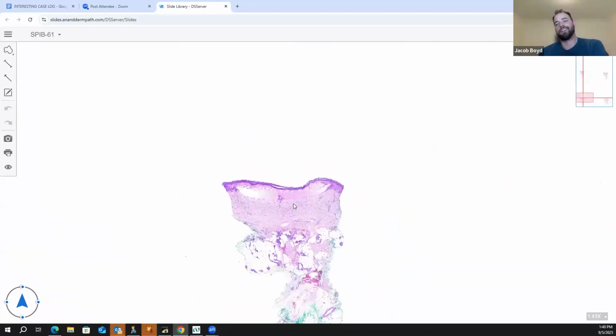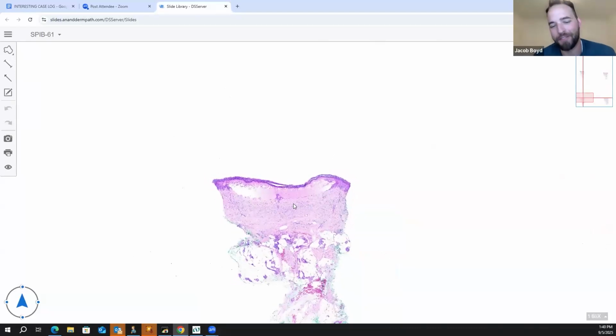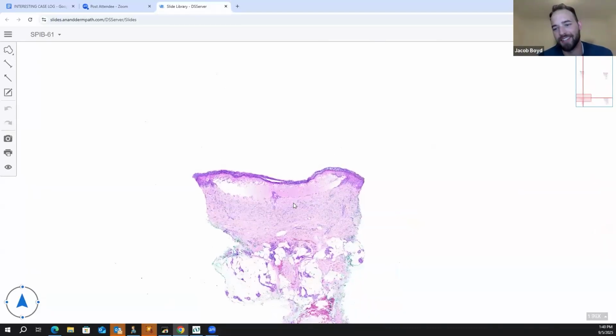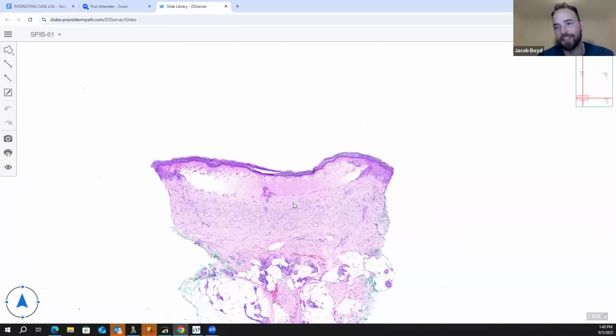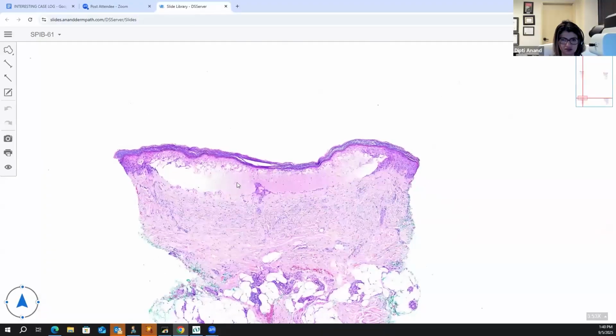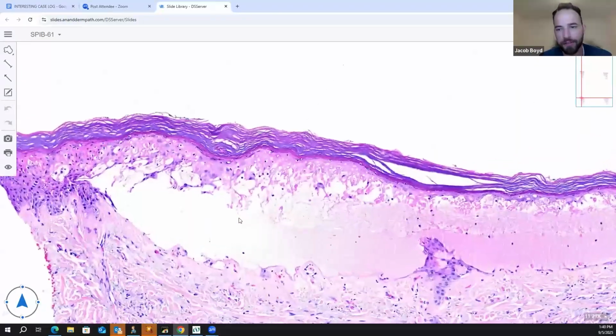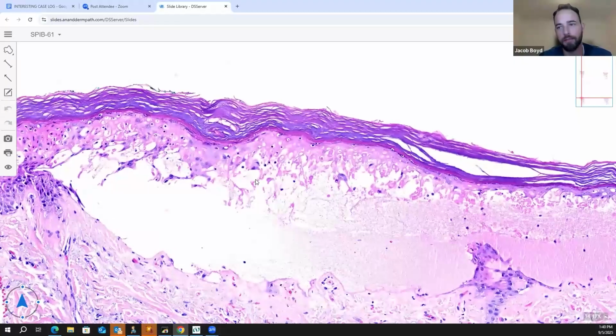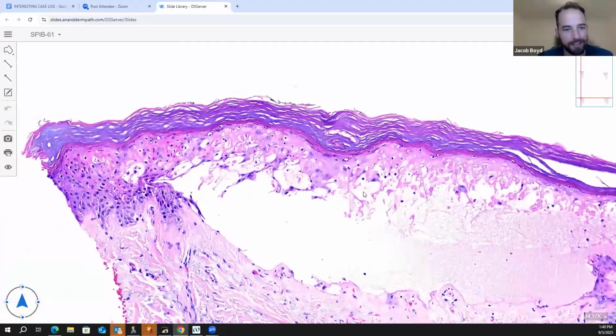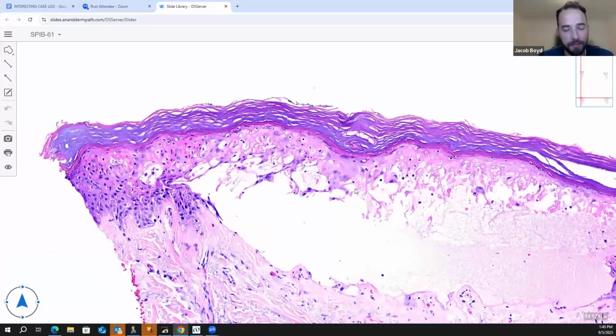Well, I guess I'll take it. I first thought that it was like ballooning degeneration and ORF. And then I was like, well, maybe that's not ballooning degeneration. Maybe that's just the epidermis becoming necrotic, and it's just like SJS, EM.